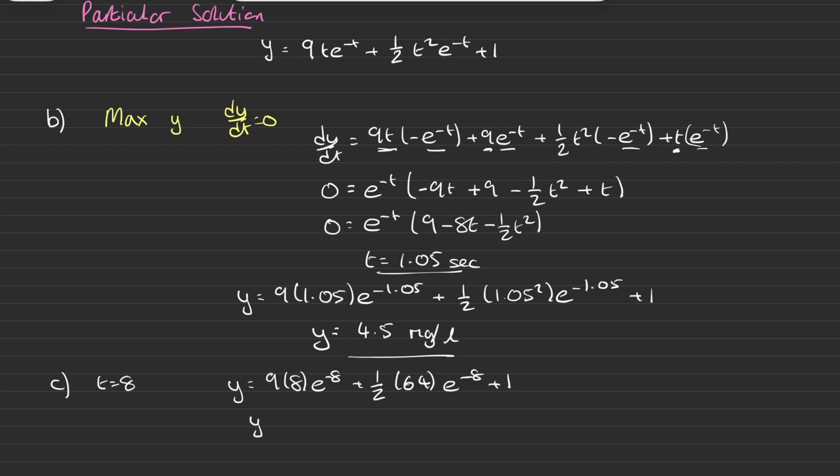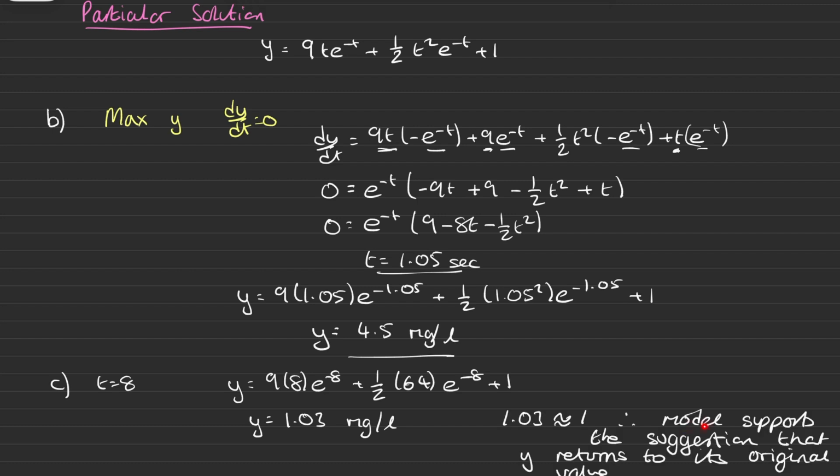When you work all of this out, we get y to be approximately 1.03. And you can see this is approximately 1. So we can say that the model supports the suggestion that y returns to its original value.